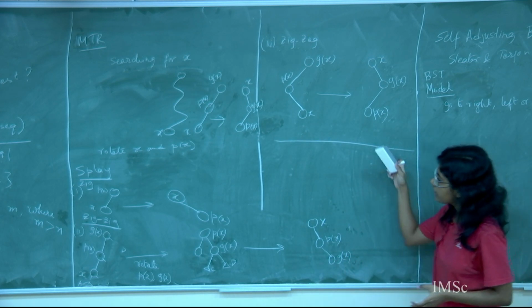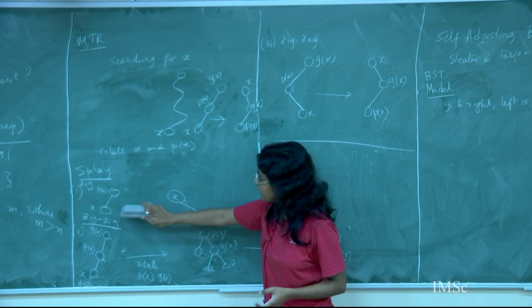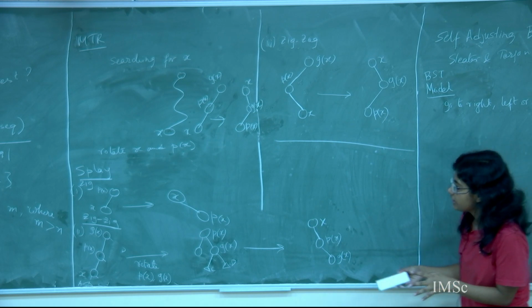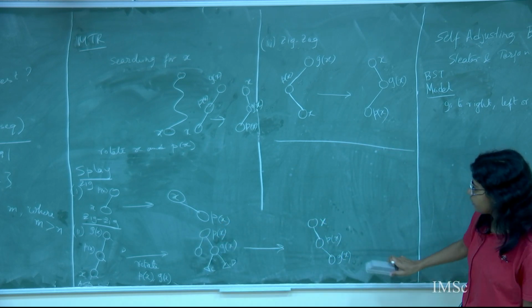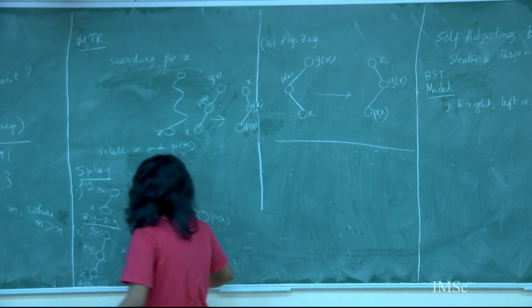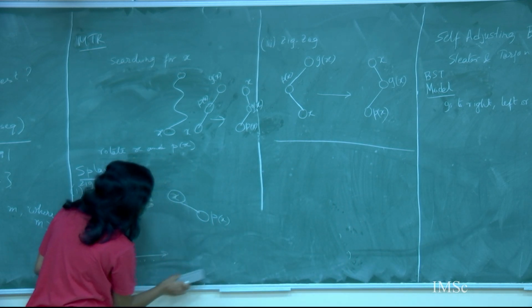So in the terminal case, when x is just the child of the root, left or right, we will do this, and otherwise in a zig zag case we will do this. So let me just remove the middle step, just keep the final step.